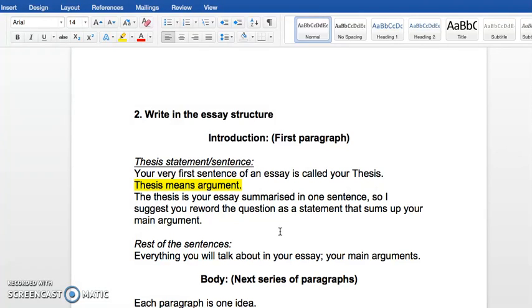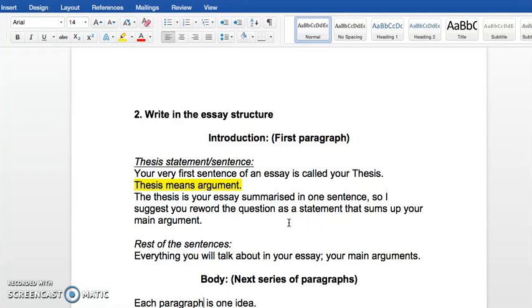Perhaps that the witches forced him to do everything, etc., etc. You know that that is my main argument, and all my other baby arguments are gonna stem from that. So your thesis statement summarizes it in one sentence. I suggest you reword it. It's probably the easiest way of answering it.